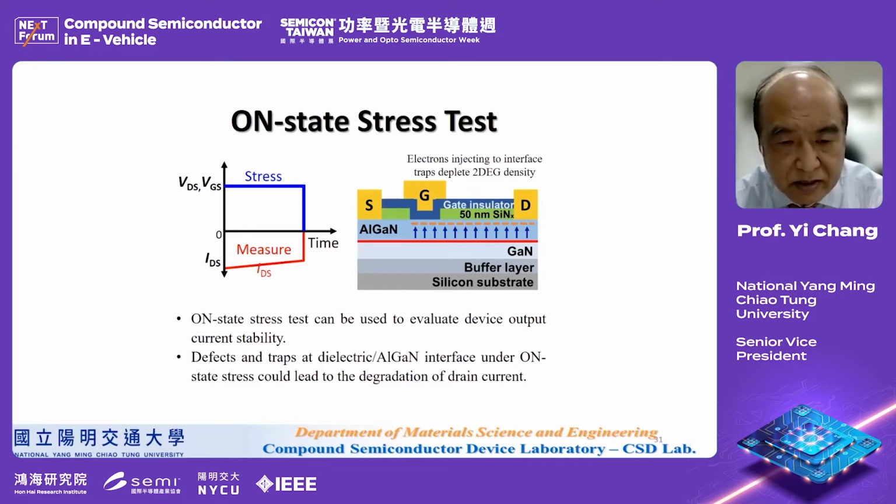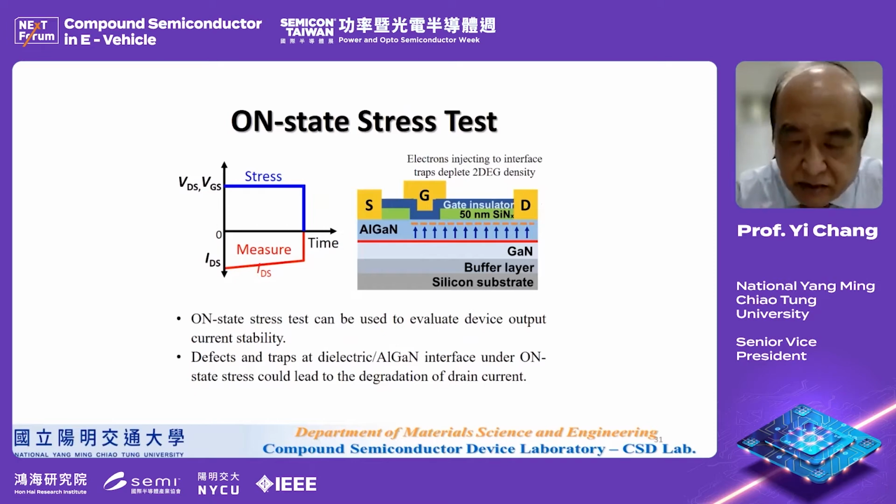Defects and traps at the dielectric and aluminum nitride interface under on state stress could lead to degradation of the drain current. In this case, we don't see this kind of degradation using the field plate.